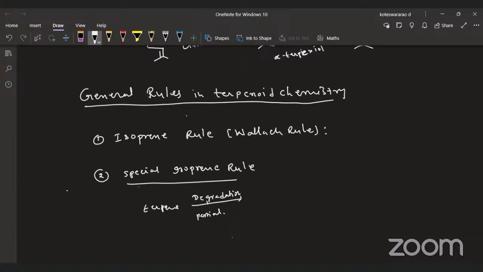Similarly here, whenever you take a terpene or terpenoid and subject it to thermal or chemical degradation, you need to stop the degradation in the middle. At the middle stage, we isolate some products.